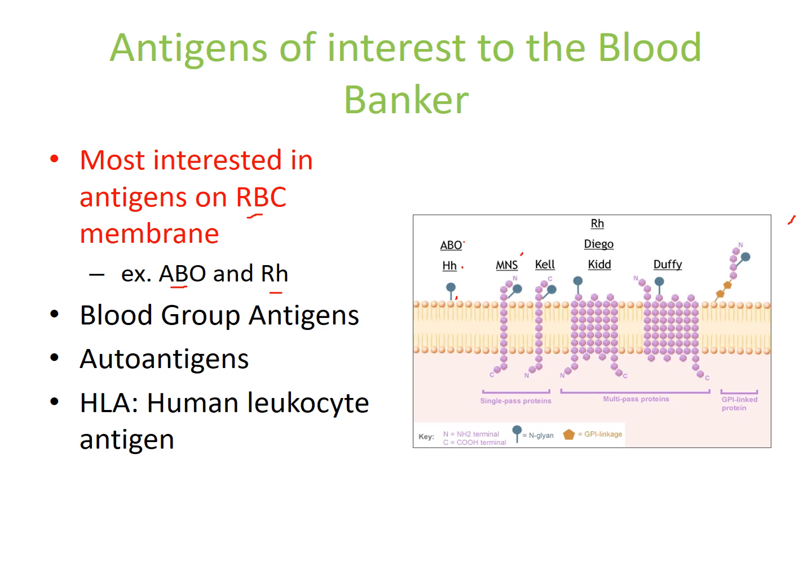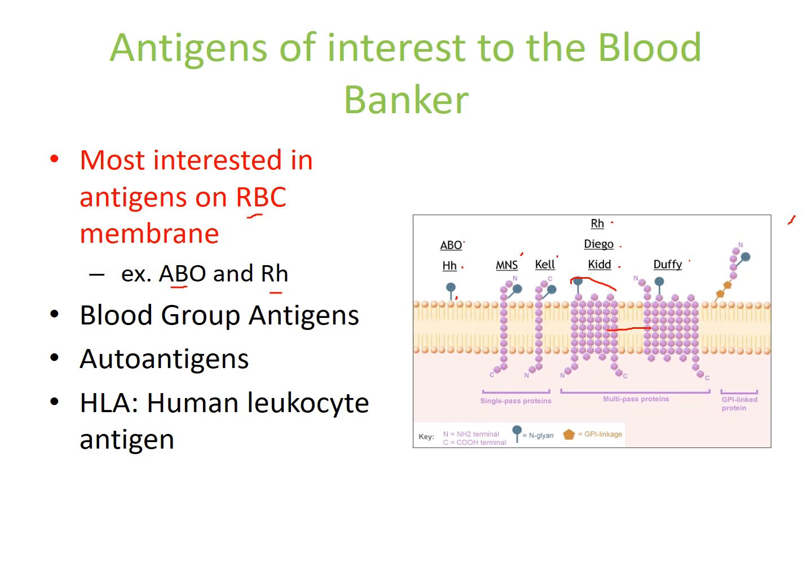Then we have other families: MNS, Kel, RH, Diego, Kidd, Duffy. You can see RH, Diego, and Kidd are all found on the same transmembrane protein. Duffy, these two proteins are linked together. You can see it's called a multipass protein. They're closely associated to each other, but anyway, that's beside the point.